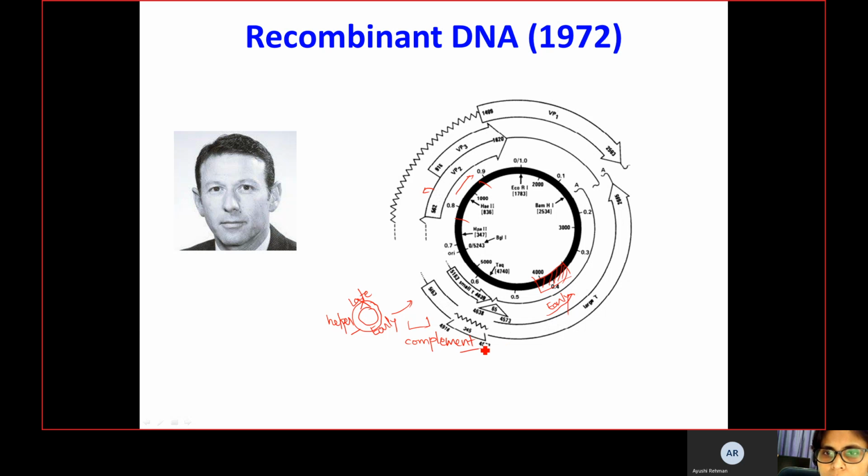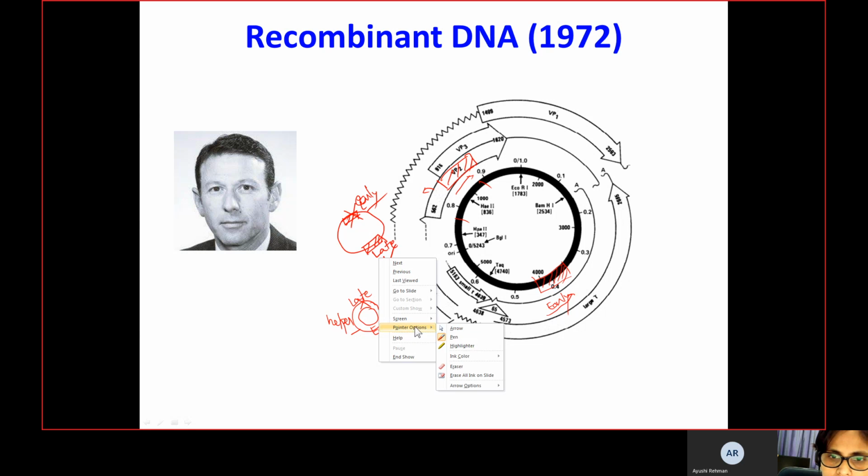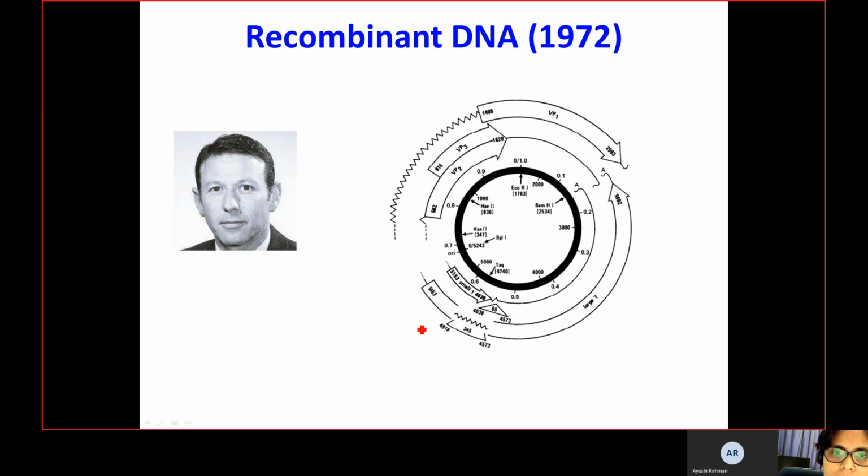So he generated this, and in case you are inserting your protein of interest in the late gene, that means you construct a helper cell where the late gene is expressed correctly, but you do not have early gene expression. So this is mutated, and that means there is no early gene expression.